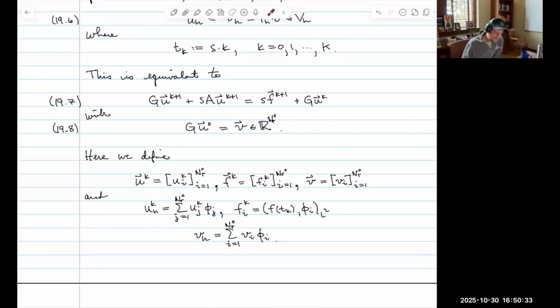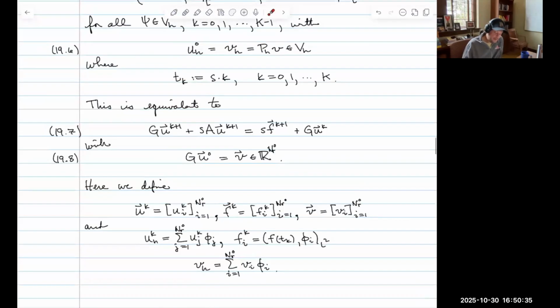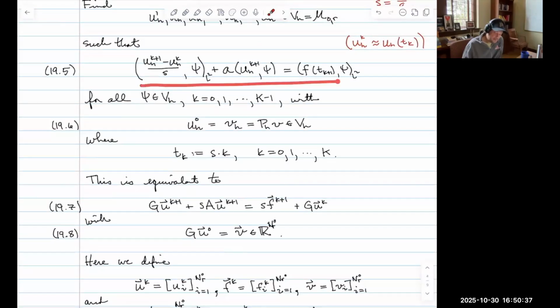So it's an exercise to show that the finite element method that I described here can be rewritten in matrix vector format, just like this. And this should remind us that this looks a lot like what we had before, but now instead of a time derivative, we just have a time difference. In fact, it's exactly the same as it was above.